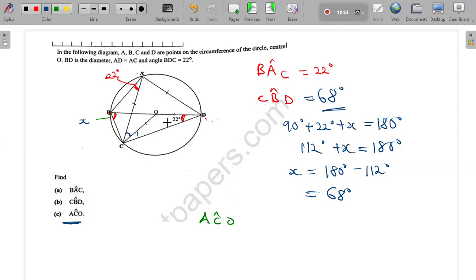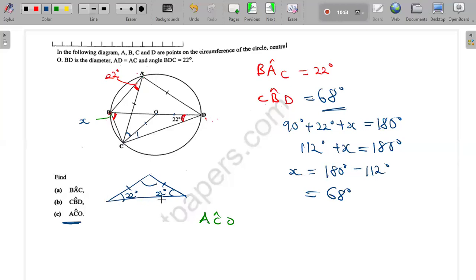So this side and this side are equal, and this angle is 22 degrees. So the angle here also has to be 22 degrees, since if they have equal sides, the two base angles are equal, and this angle is the one which is different.